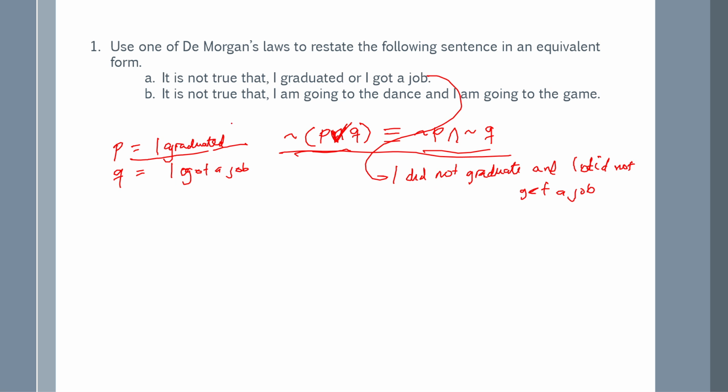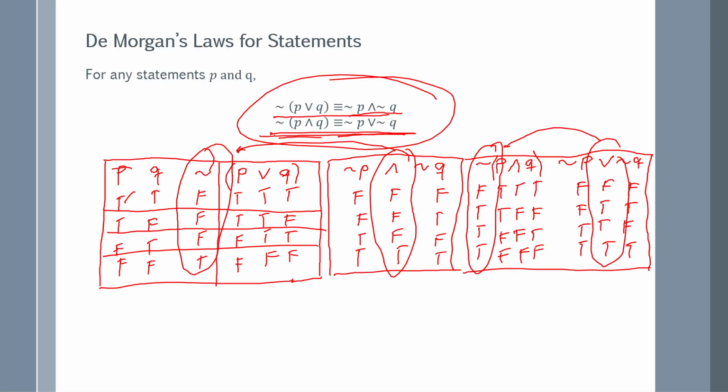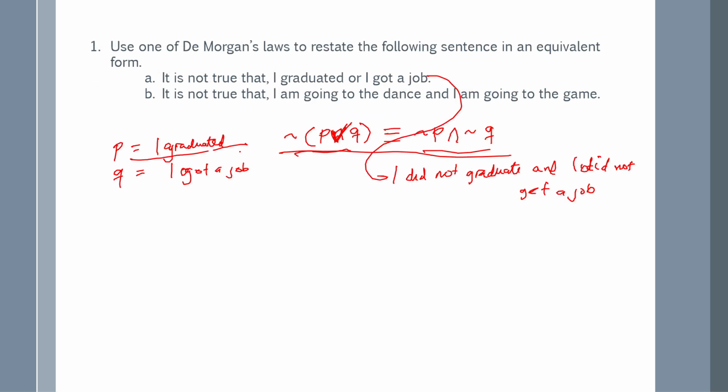Next, it is not true that I'm going to dance and I'm going to the game. Here we have the word and, so we will make use of this statement. Let P be I am going to the dance, and Q be I am going to the game.